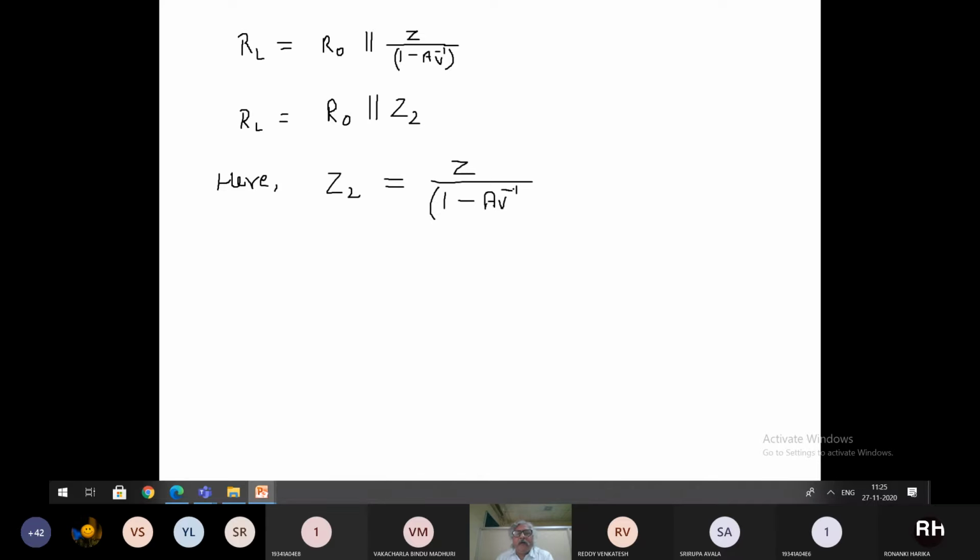And this Z2 is called Miller's output impedance.